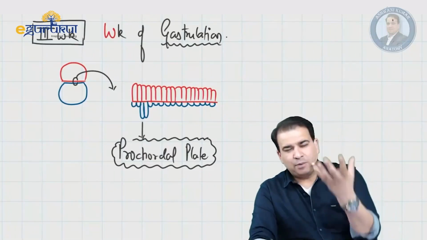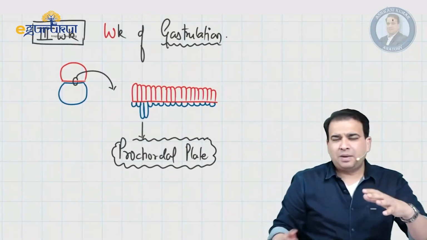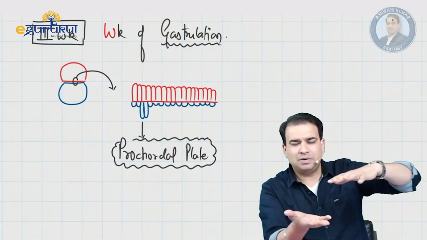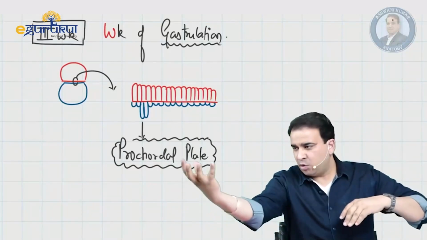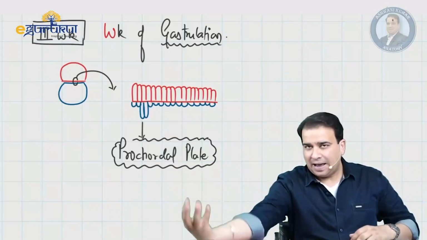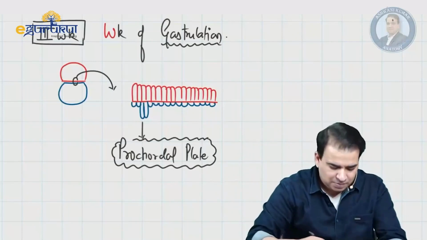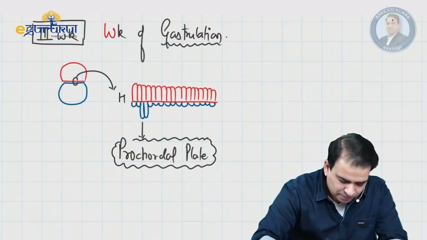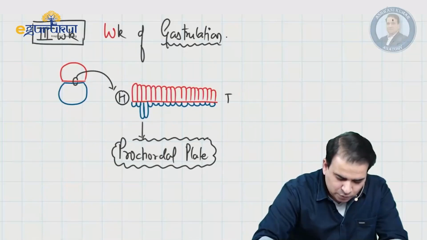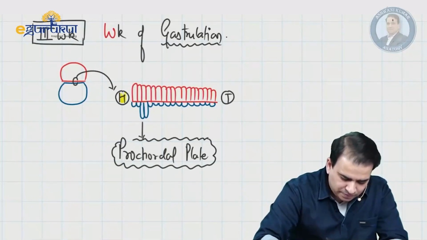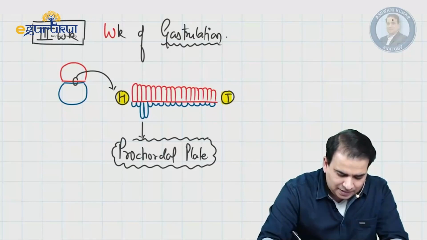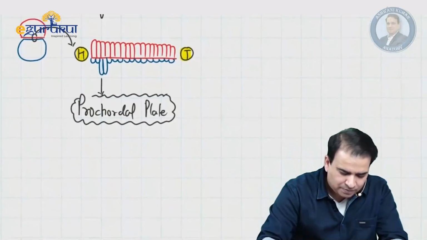Once these hypoblast cells elongate at one end, we don't know which end beforehand. Some cells at one end of the embryonic plate get elongated, and as soon as those cells get elongated, it is decided that this is going to be the head end of the embryo, and the opposite will be the tail end of the embryo.